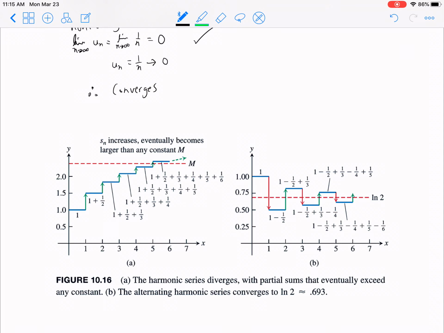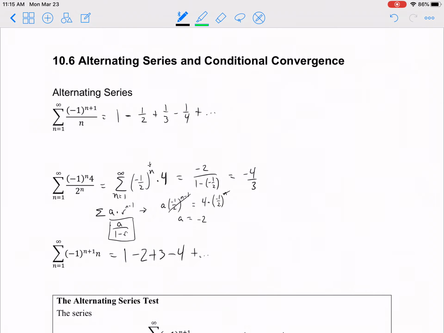And if you notice, this is actually this one right here that we did first, and so we can basically write here that the alternating harmonic series converges by our alternating series test, but the harmonic series diverges. Okay?